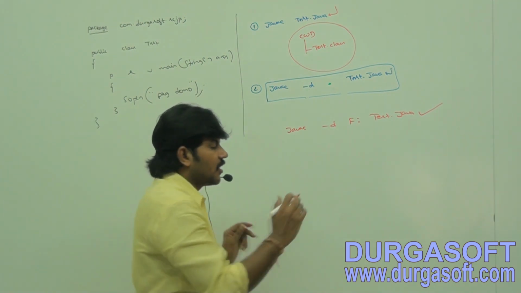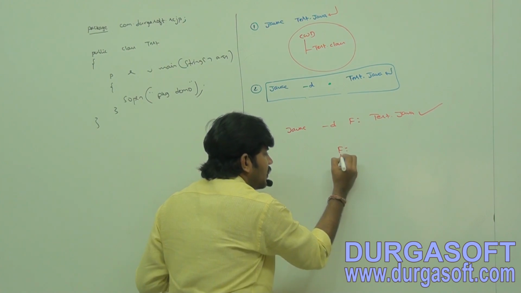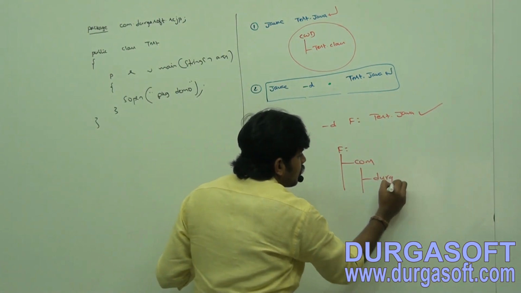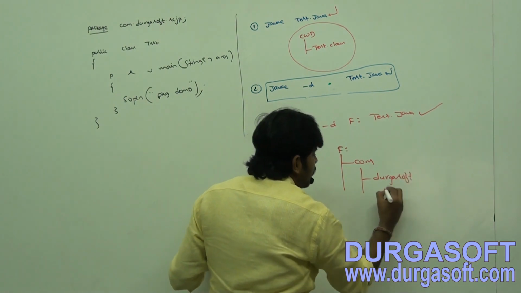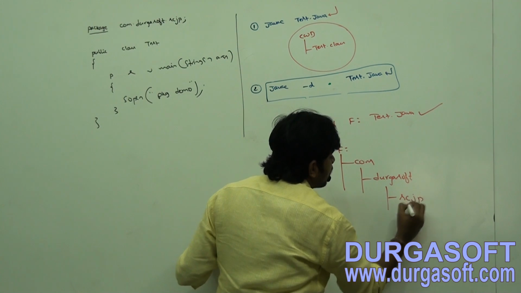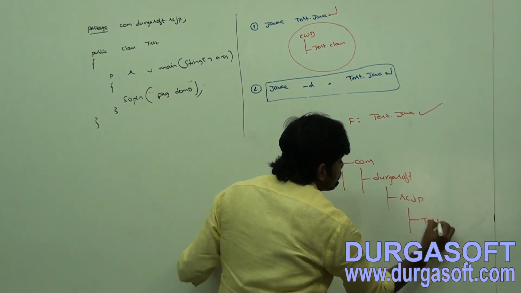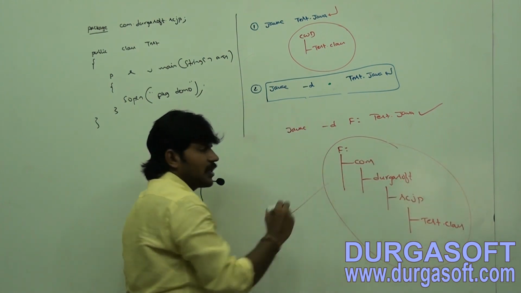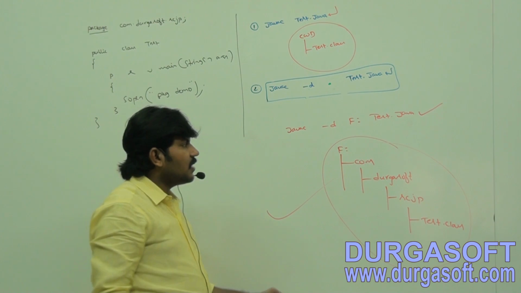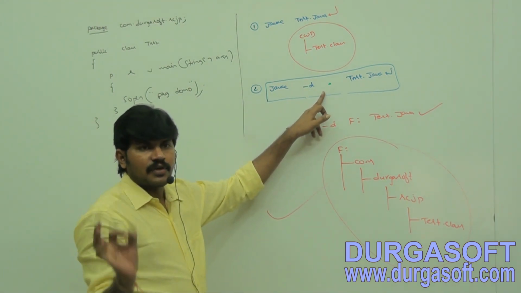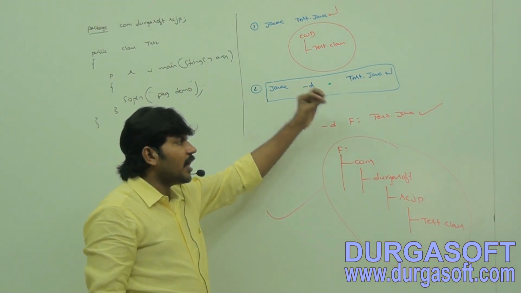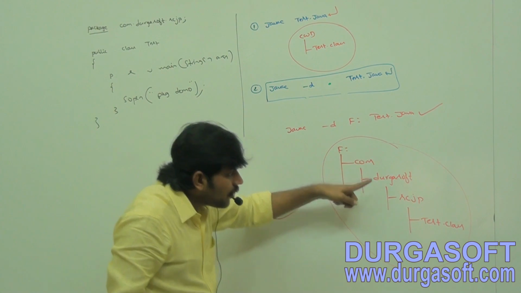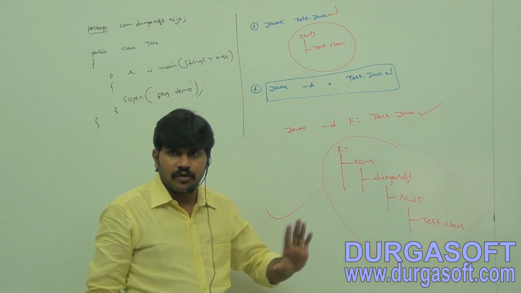In F colon, com will be created, in that Durgasoft will be created, in that SCJP will be created, and the test.class file will be placed there. As a destination, instead of dot, we can provide any valid directory name, no problem at all. But in the corresponding location, the package structure will by default be created.